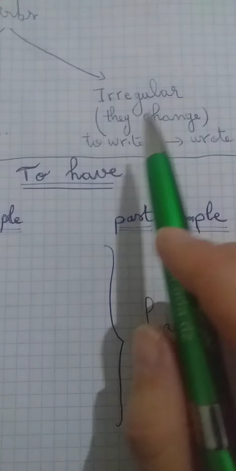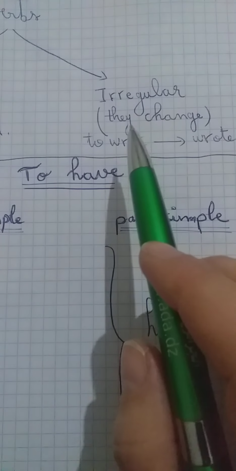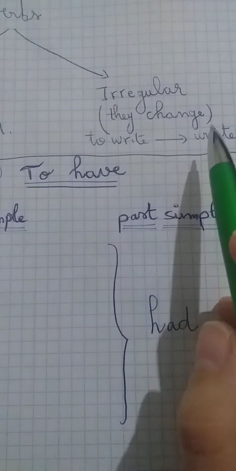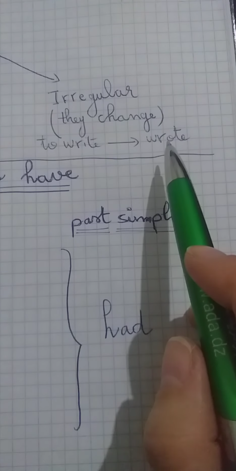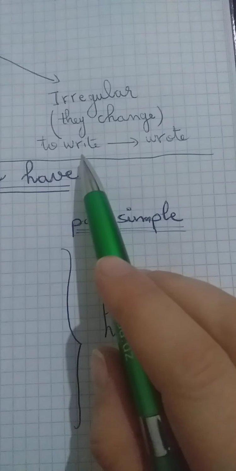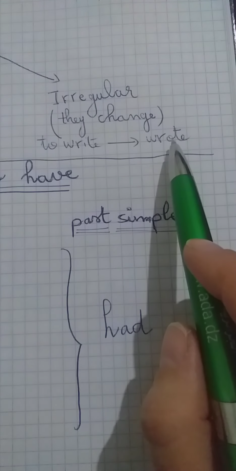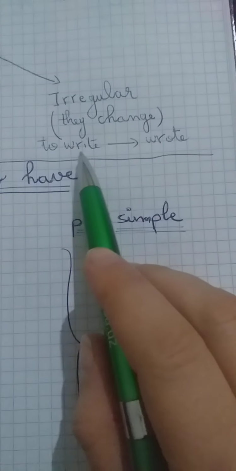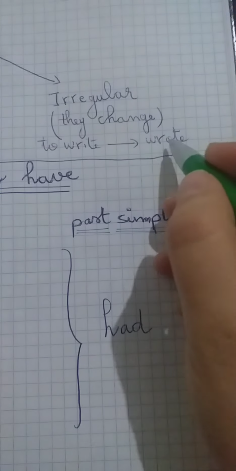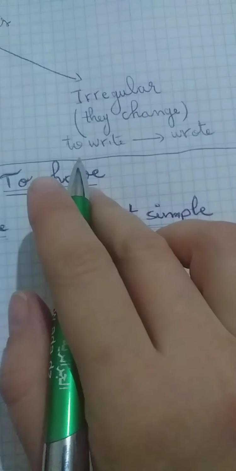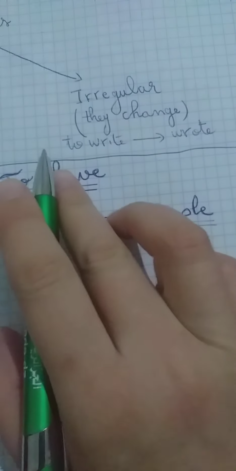And for irregular verbs, which are changing, for example, the verb to write, here we have wrote. The I here is changed to O. Another one, to eat.